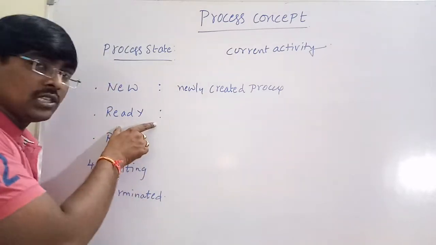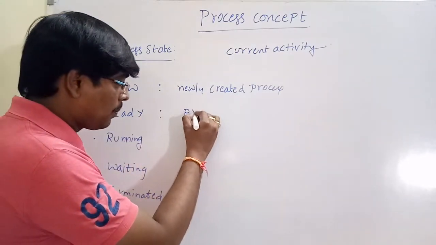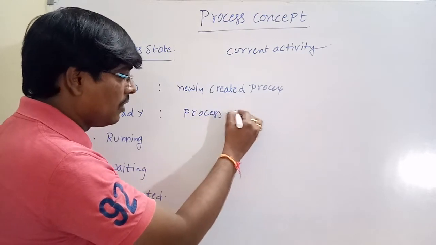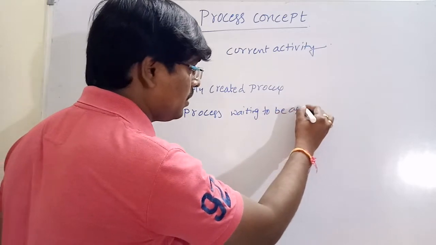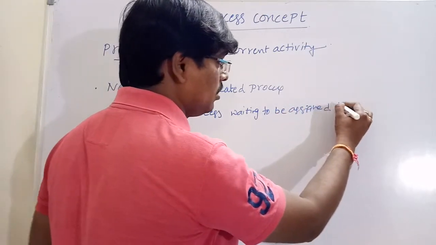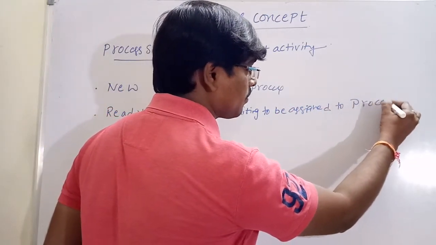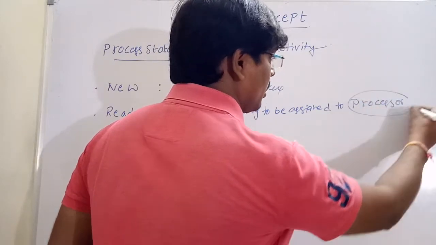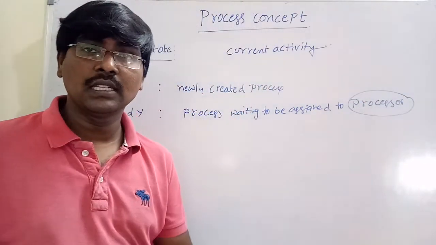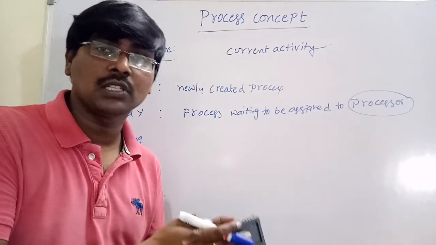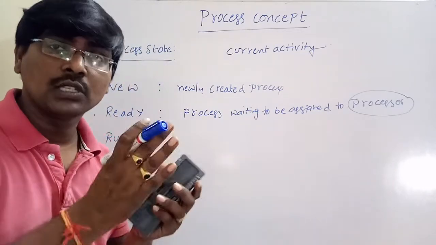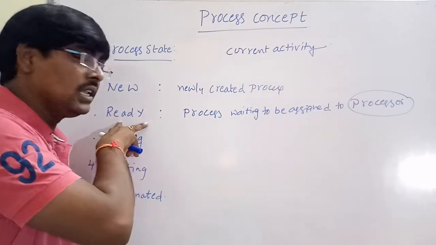So ready state means the process is waiting to be assigned to the processor. That means the entire process is ready for execution, but we are not allocating any processor to it. Those types of processes are present in the ready state.